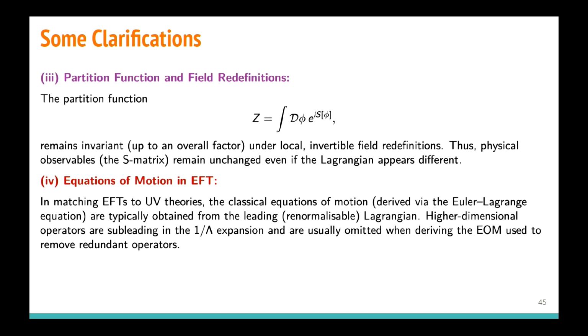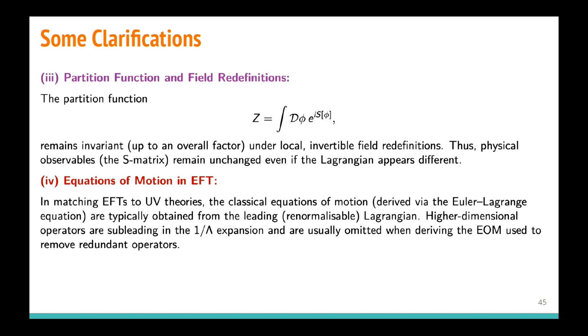What is the logic behind it? The reason is that we want to derive the equations of motion from a renormalizable theory. If we do not do that, it's again a choice. There would be an error of order lambda to the power minus 1 or order lambda to the power minus 2, but these are not fixed quantities. Every time we choose a basis, and introduce some redundant stuff, it would be different, and the equations of motion would keep on changing.